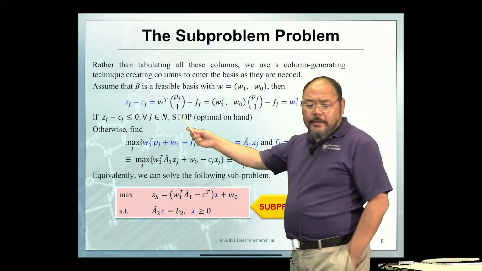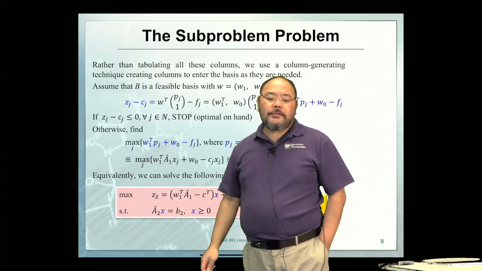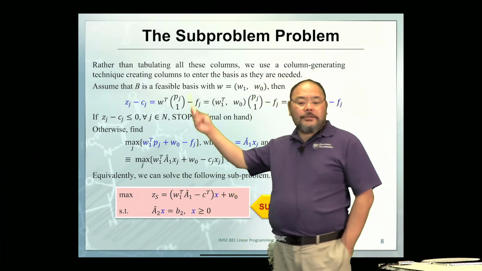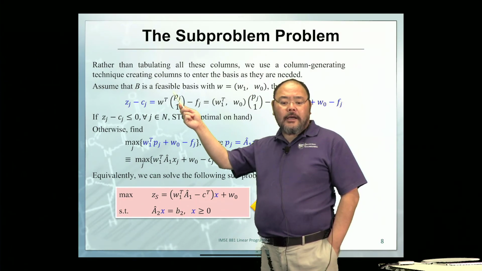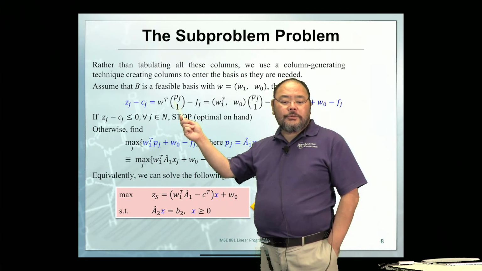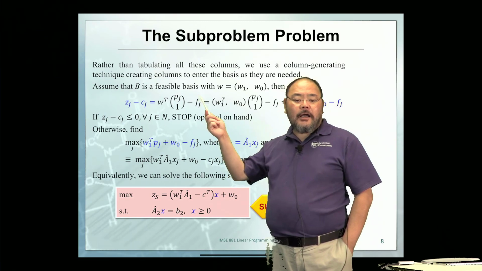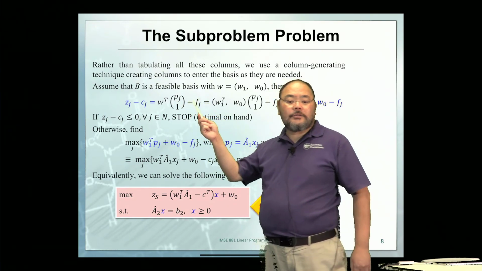And look at zj minus cj, which is basically equal to omega transpose times pj, and pj is A1 hat times xj, and a 1 corresponding to the omega naught, minus fj. Fj is what? C transpose times xj as well.